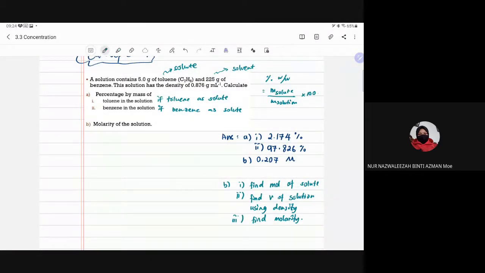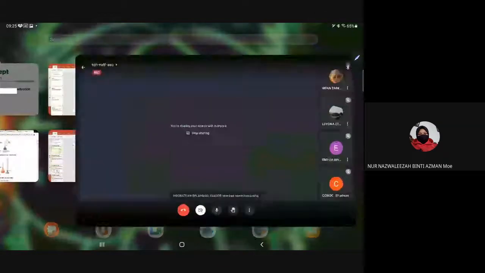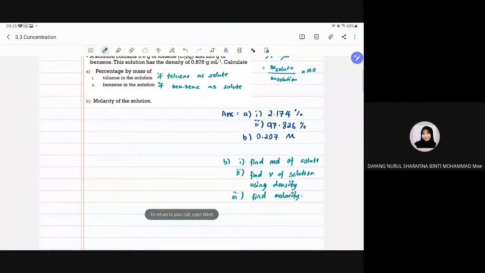Ada tak yang tak siap lagi? Ada sesiapa yang tak dapat jawapan? Okay, right.